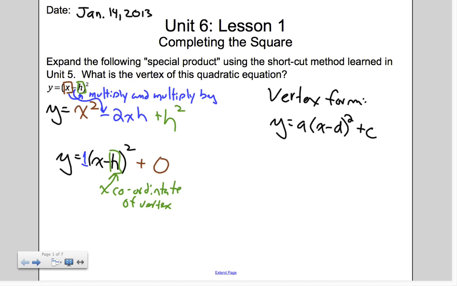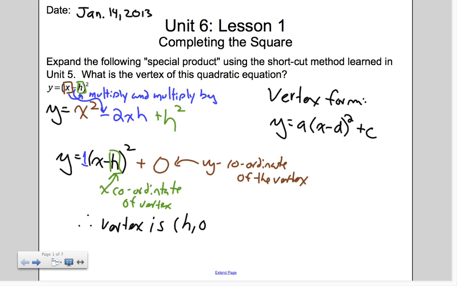What is the other name we gave for that again? Yeah, axis of symmetry. And this is our y coordinate. So therefore our vertex is h comma 0, as Sabrina already said.